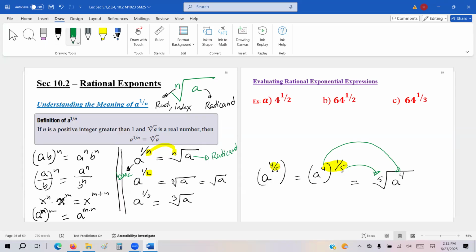Same thing for the power: in fraction form, we call it the power or exponent. But in this format, we call it the index or root, the root of a.